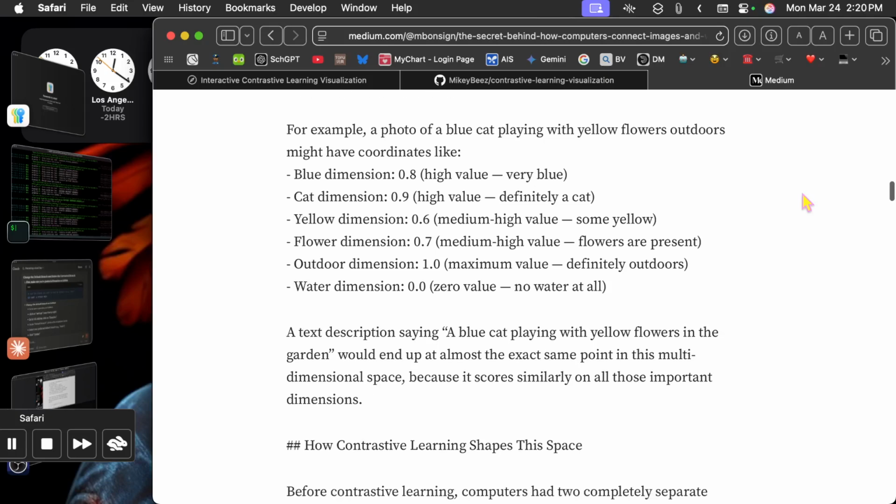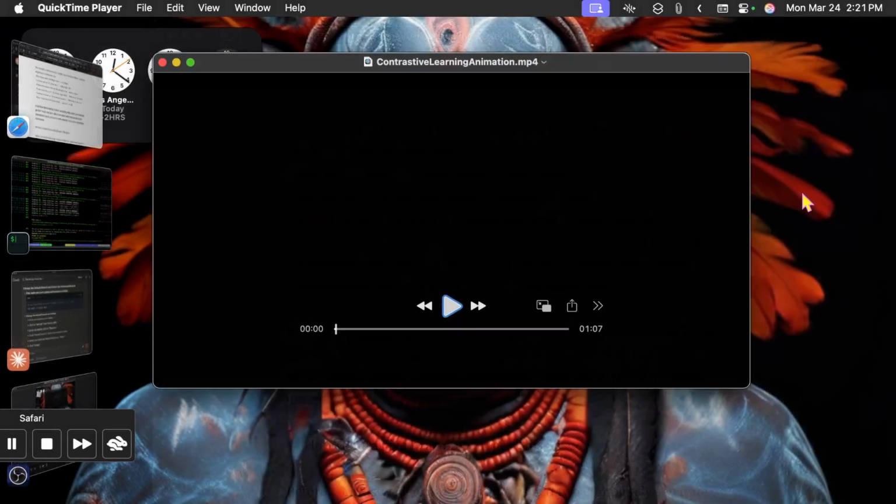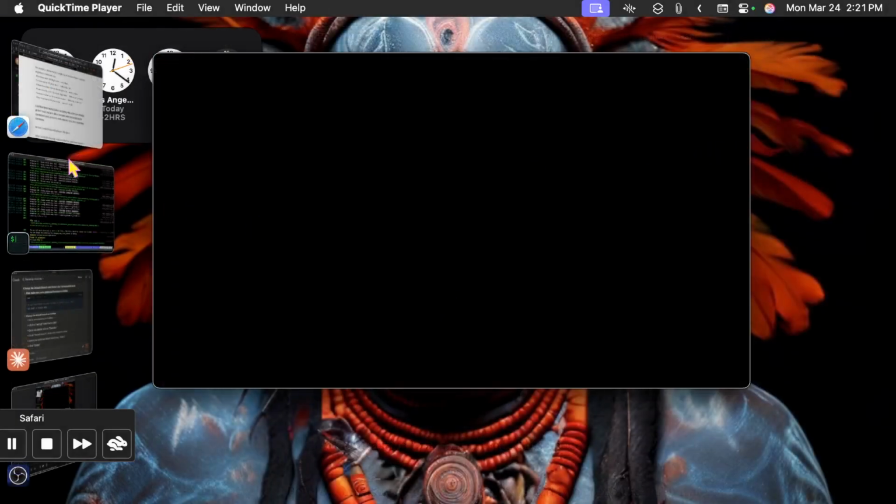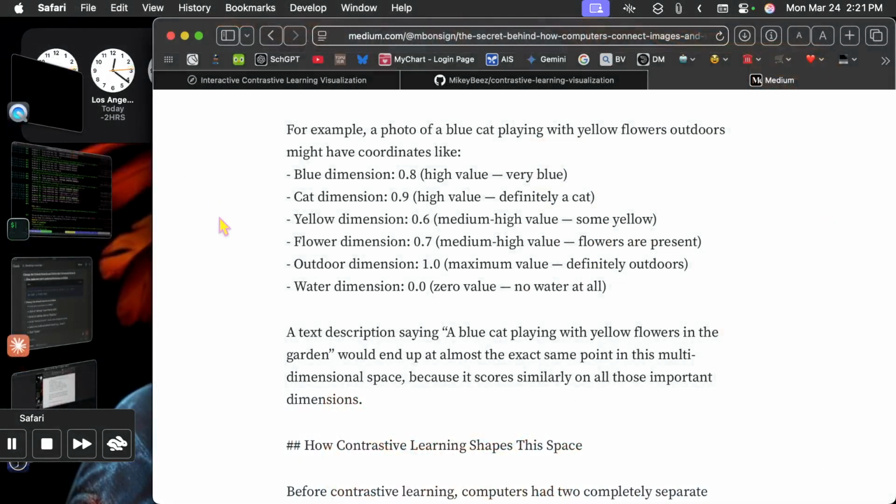For example, a photo of a blue cat playing with yellow flowers outdoors might have coordinates like blue dimension 0.8, high value, very blue, cat dimension 0.9, high value, definitely a cat, yellow dimension 0.6, medium high value, some yellow, flower dimension 0.7, medium high value, flowers are present, outdoor dimension 1.0, maximum value, definitely outdoors, water dimension 0.0, zero value, no water at all.